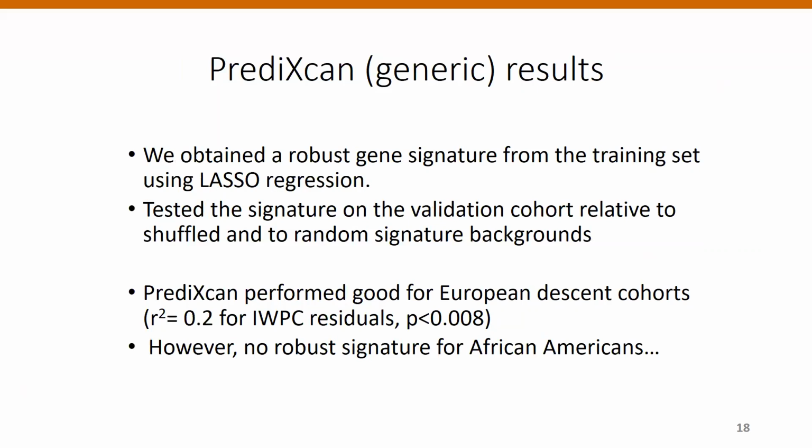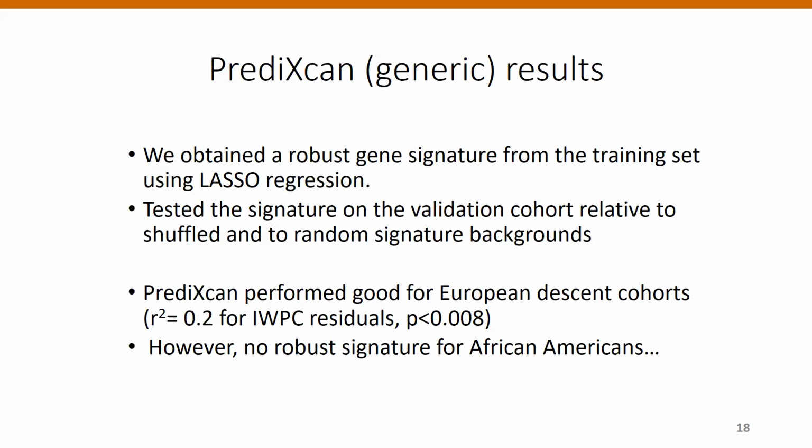So we found that the PrediXcan signature performed very well for European descent cohorts. We obtained an R-square of 0.2 for the residual. That is, we managed to improve upon IWPC by an R-square of 0.2 with a significant p-value, but we found no robust signature for African Americans.